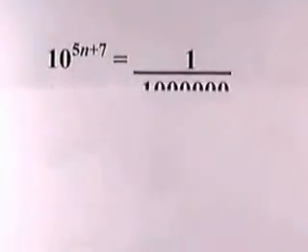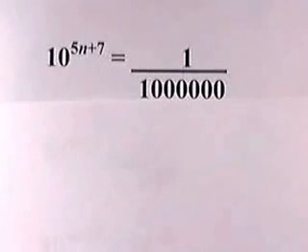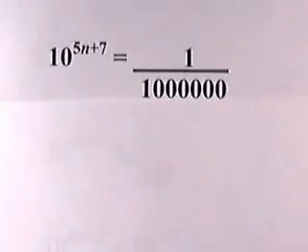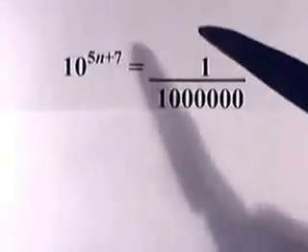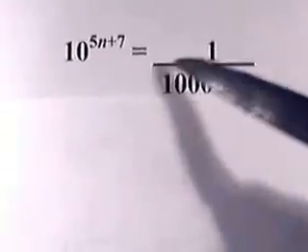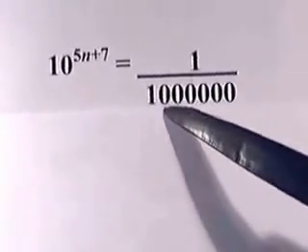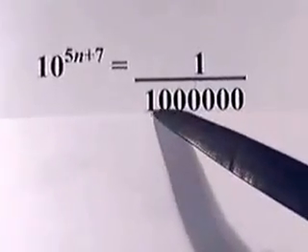Well, there were 1, 2, 3, 4, 5, 6 zeros behind the decimal point, and you should know that that is equal to 1 over this number here, which is 1,000,000.